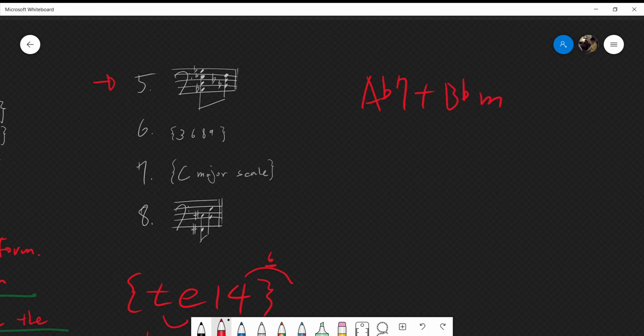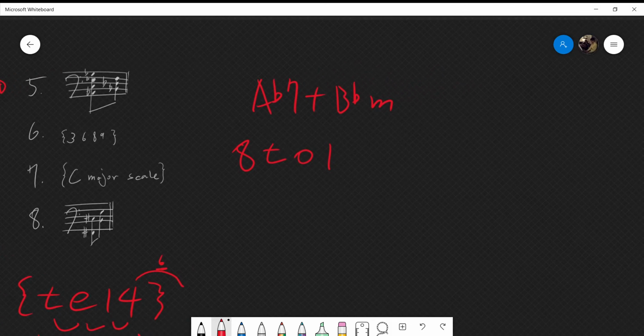So let's list all the notes, which are A flat. I'm going to put it in integers, so it'll be 8, 10, 0, 1, 3, 5, and 6, right?